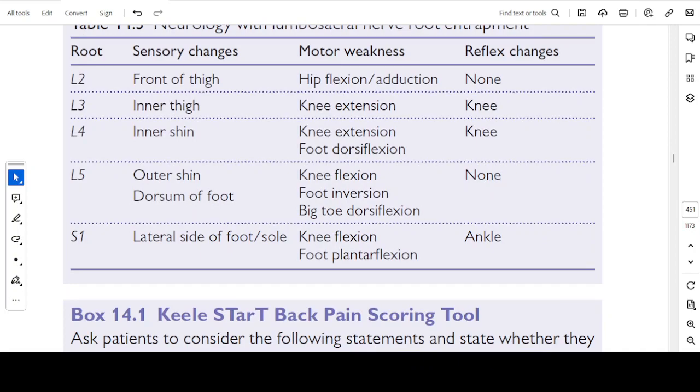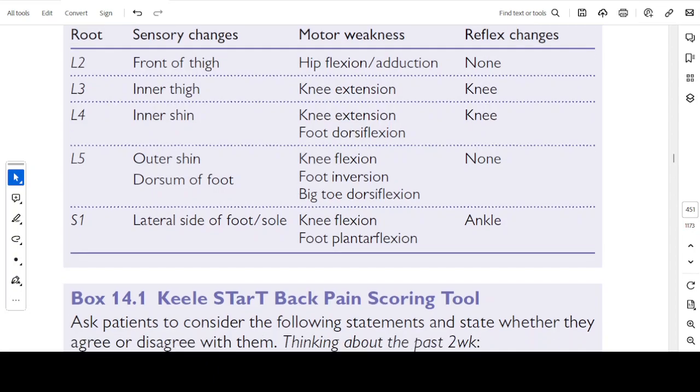L5: outer shin and dorsum of the foot, knee flexion, foot inversion, big toe dorsiflexion, no reflex affected. S1 nerve root compression: lateral side of the foot or sole, knee flexion, foot plantar flexion, ankle reflexes affected.